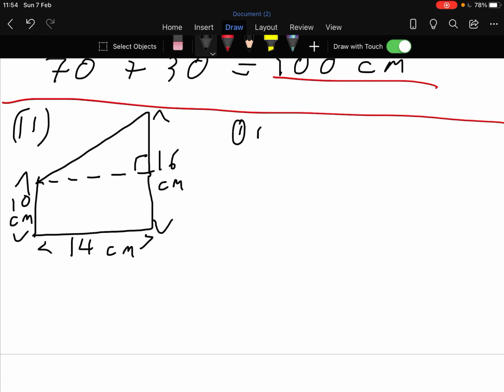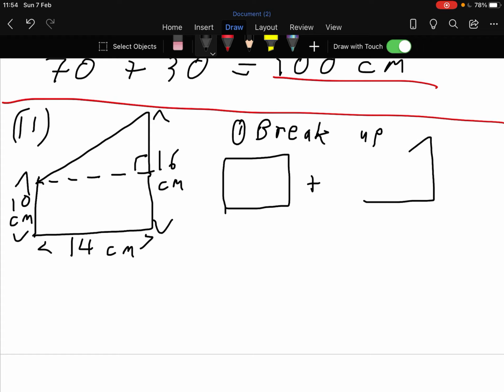So step 1 is break up. So what two shapes do we have here? Well, our two shapes is our rectangle plus our triangle.